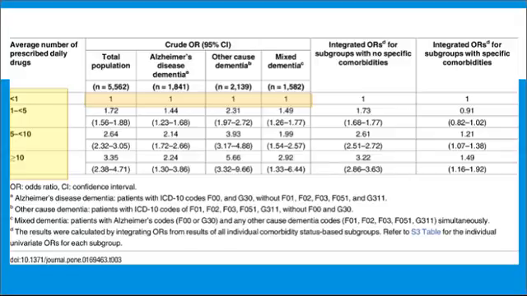And so we're looking at, as the numbers of prescriptions are increasing, do we see a higher and higher odds ratio? In other words, indicating that there's a stronger association between prescription use and dementia. So this is the next step. And one thing I should point out is the parentheses, that's the 95% confidence interval.